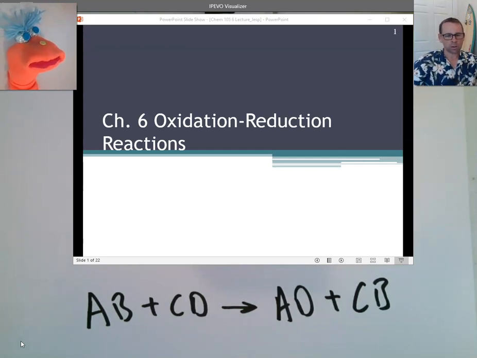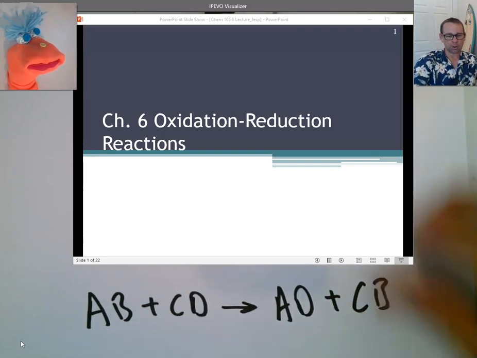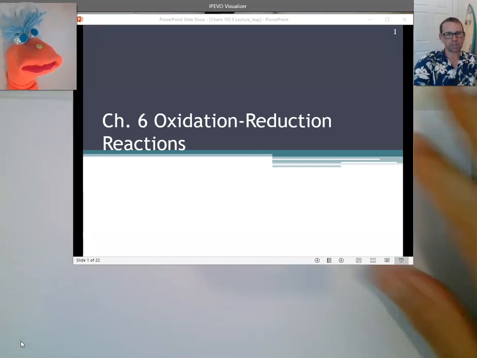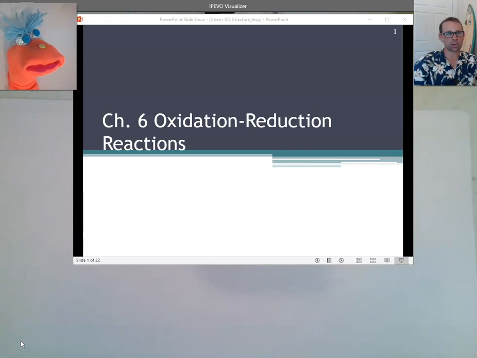Okay, so this time our reactions are not going to be anions and cations changing partners, but they're going to be where one species actually gives or takes an electron from the other.